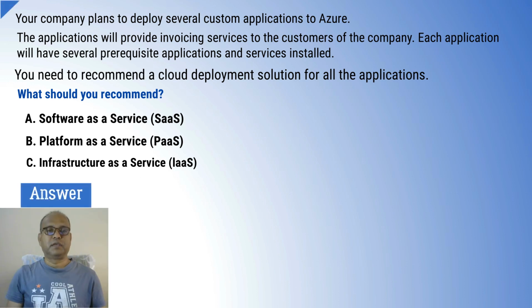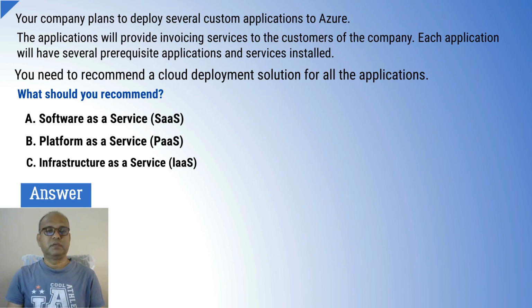Answer, option C. As per this scenario, you need to run your own app on the specified infrastructure. But you know that Software as a Service (SaaS) allows users to connect to and use cloud-based apps over the internet, such as email, calendaring and office tools. Therefore, this option is not correct.